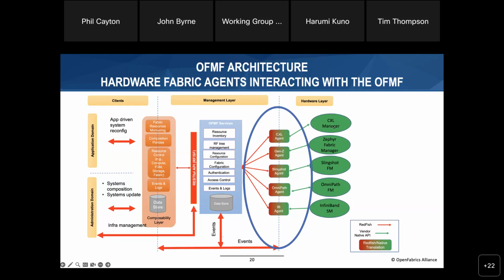actual hardware. So for instance, if OmniPath comes up and says, oh, I've got an OmniPath fabric, it'll take that OmniPath fabric, translate it into Redfish, and post all that information over to the OFMF, which is a central repository, and say, okay, here are the fabric endpoints, and make the associations.